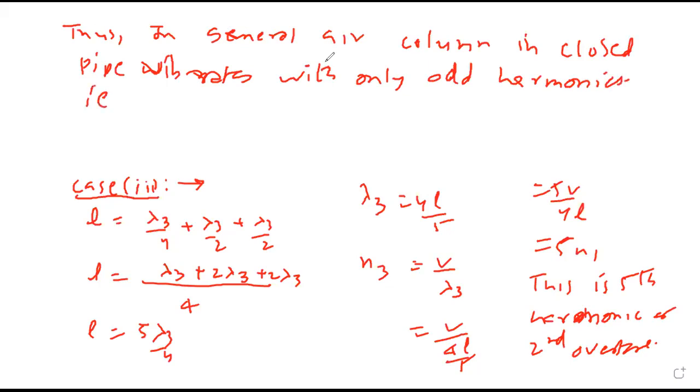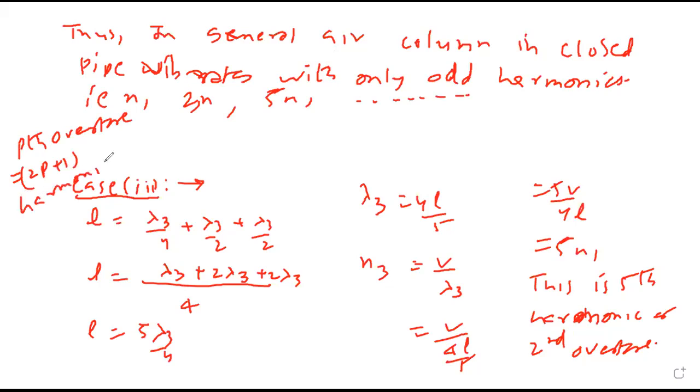That is N, 3N, 5N, and so on. Here, this is the first harmonic, but it is the fundamental. So, pth overtone is equal to 2p plus 1 harmonic. Overtone 1: 2 into 1 plus 1, third harmonic. Overtone 2: 2 into 2 plus 1, fifth harmonic. Now copy.